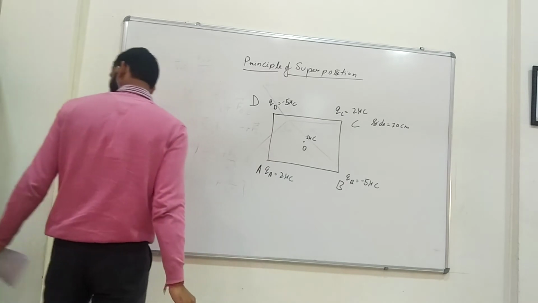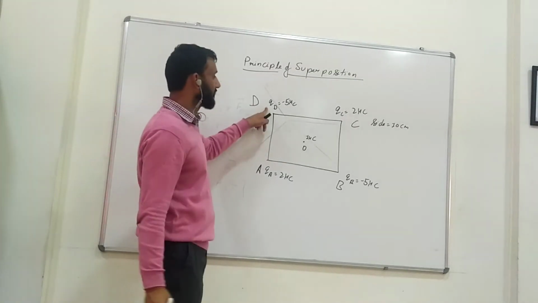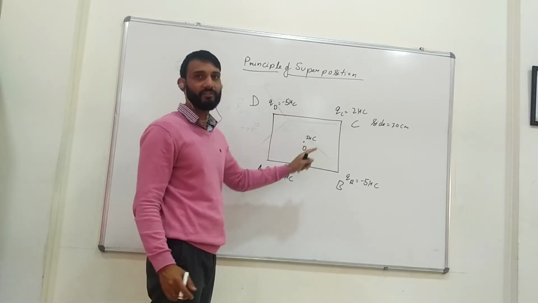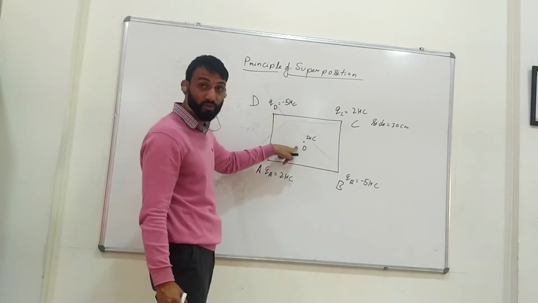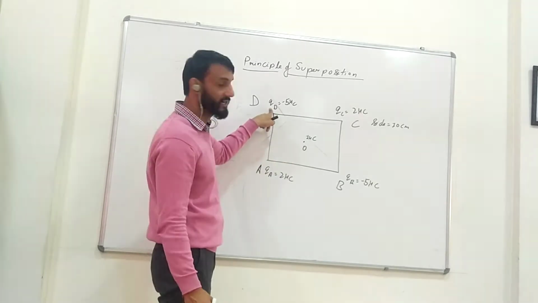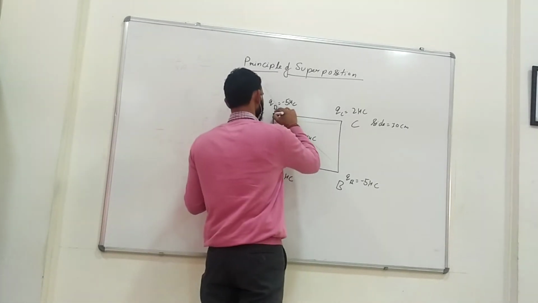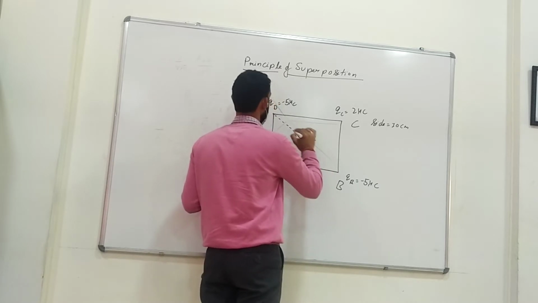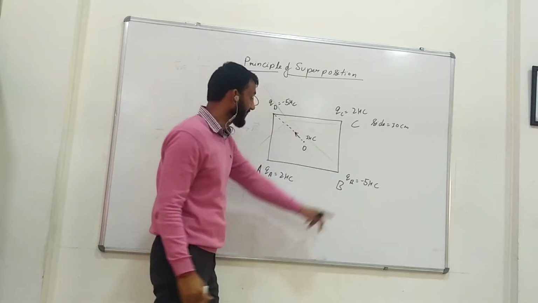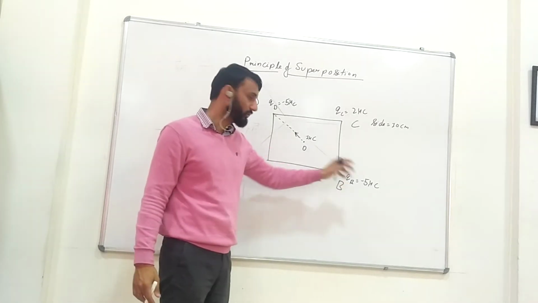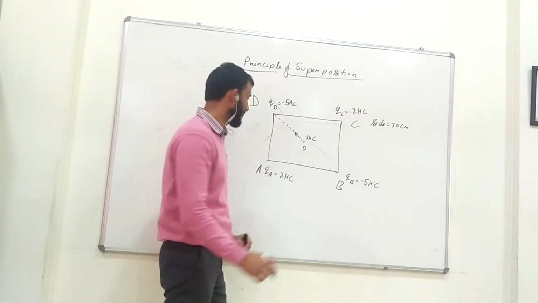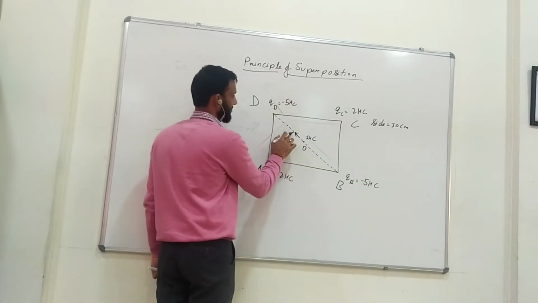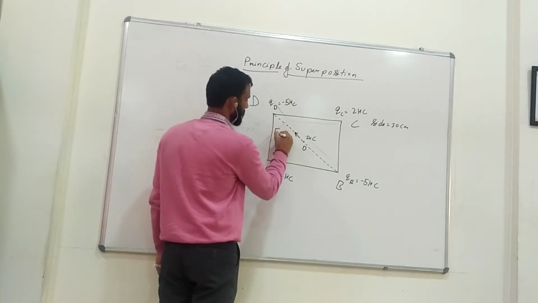Now as you can see that QD will try to attract this charge towards it because it is negative and this is positive. So force on this O charge by this charge will be towards this direction. Similarly, this charge will also try to pull this charge towards it because it is negatively charged. Let me name this force as FOD.